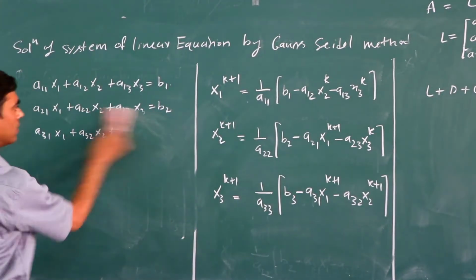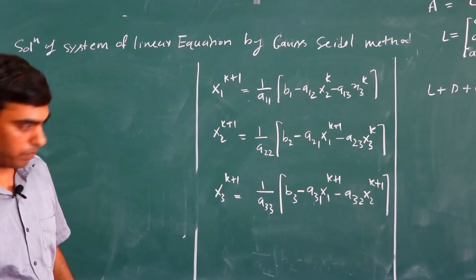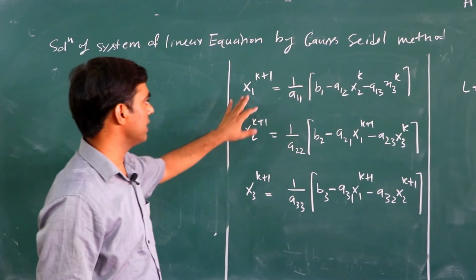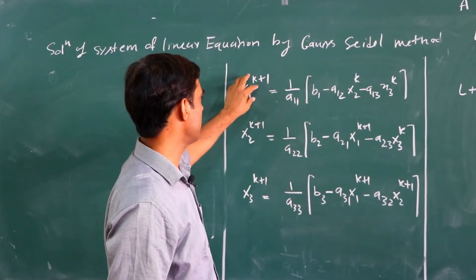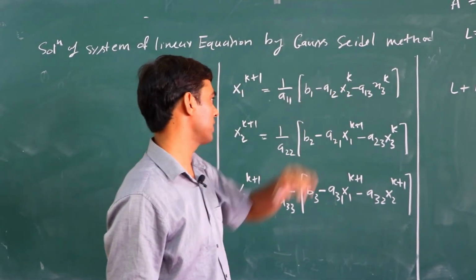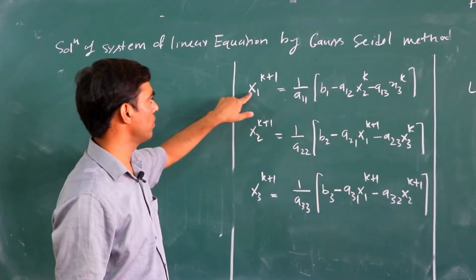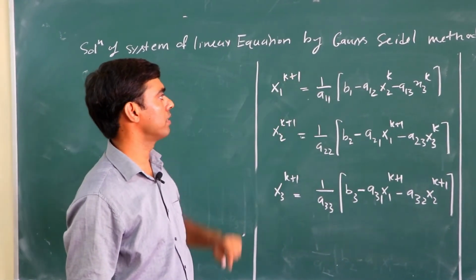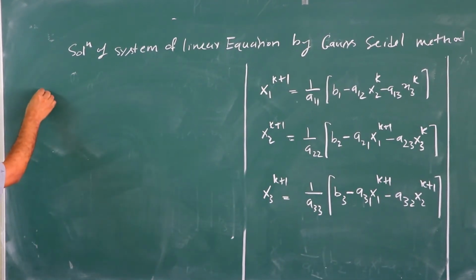If we erase this one, now we try to arrange the coefficient of k plus 1 on the left hand side and the coefficient of k on the right hand side. So here a11 x1 (k plus 1).